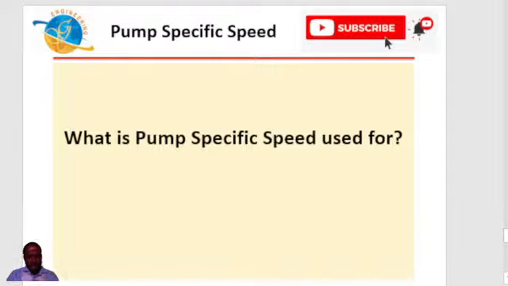You see, when you are selecting a centrifugal pump for any given application, with you, of course, knowing your speed and different parameters, there are some other parameters that you need to be very, very familiar with.